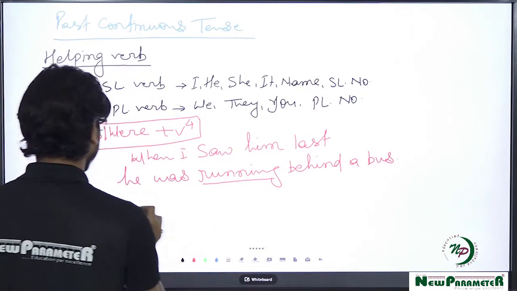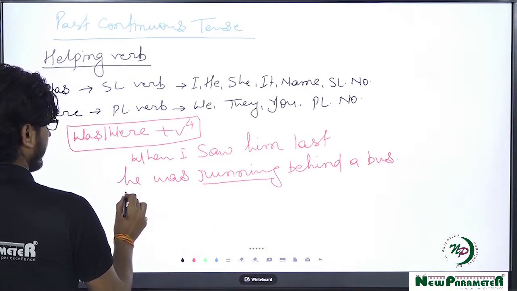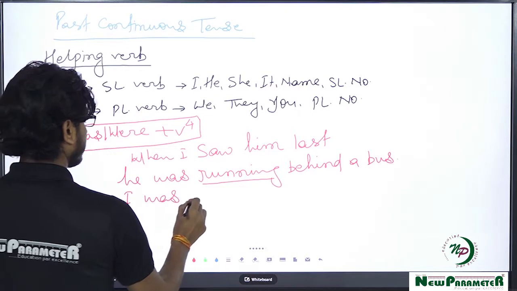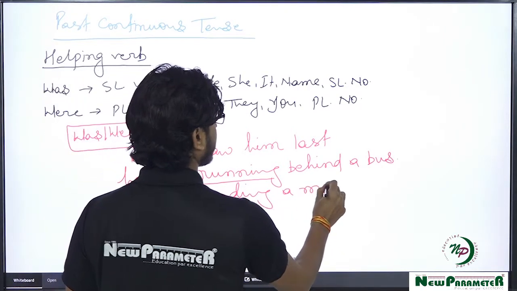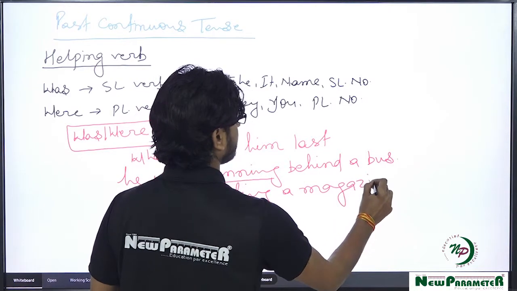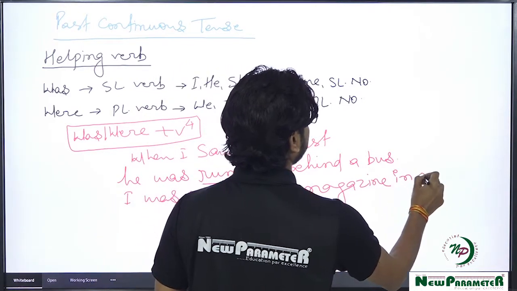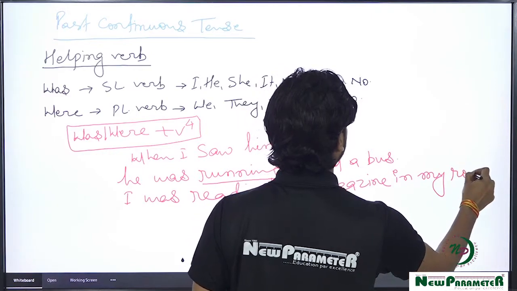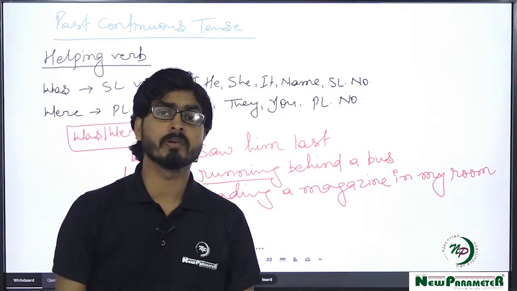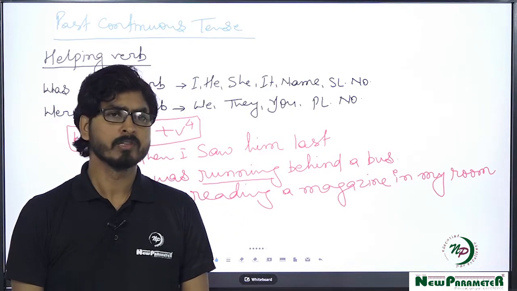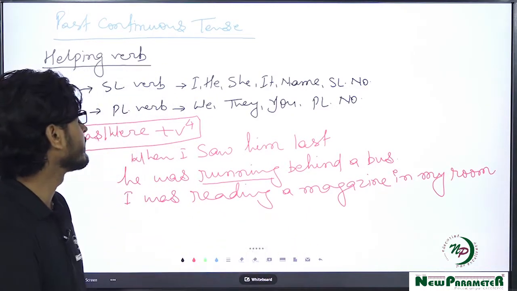If I say, I was reading a magazine in my room, it means what? My reading a magazine was very temporary, not permanent. So this is a very easy tense. This is all about continuous tense.